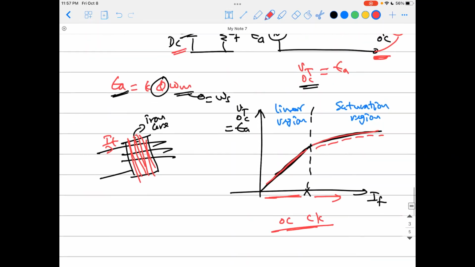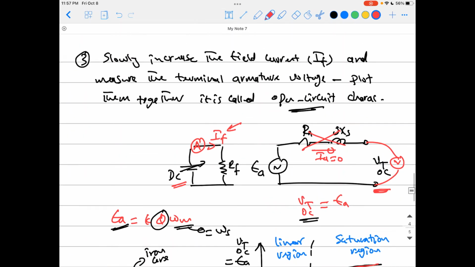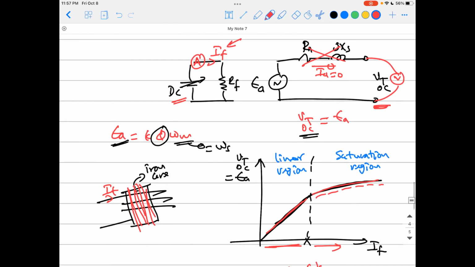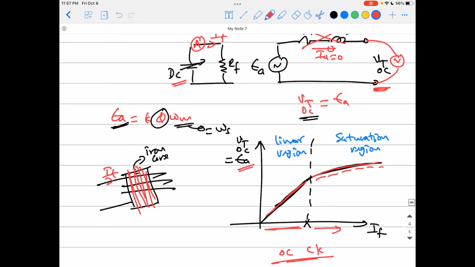Okay, guys? But still, this open circuit characteristics is very good. Remember, it is the same thing we found in our DC machine examples, both in the tutorials and the assignments. It is all the time your way to find E_A actually, because you cannot measure E_A directly because that's something internal in the machine. You cannot just measure it with a voltmeter.